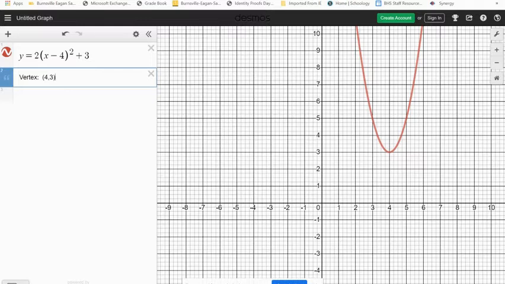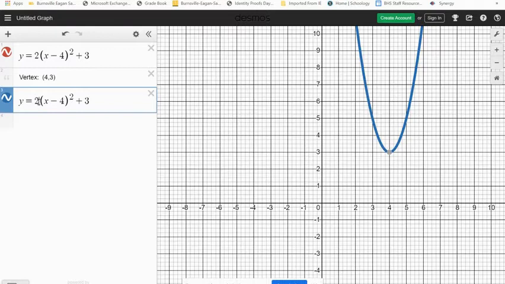Now what I want you to notice next is what happens if I change the number in front of the parentheses. So I'm going to copy this entire equation. Only difference here is I'm going to change this 2 to a 5. The first thing I want you to notice is that the vertex is still 4, 3. But notice that both parabolas open up, and the blue parabola is a lot more narrow.